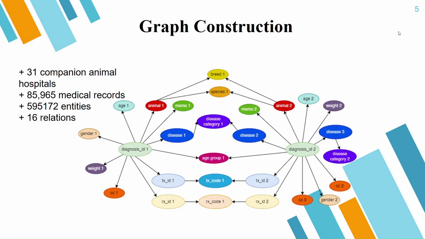To construct the graph, we collected the electronic medical records from 31 companion animal hospitals, and the total number of medical records is around 86,000, and there are around 600,000 entities and 16 relations.